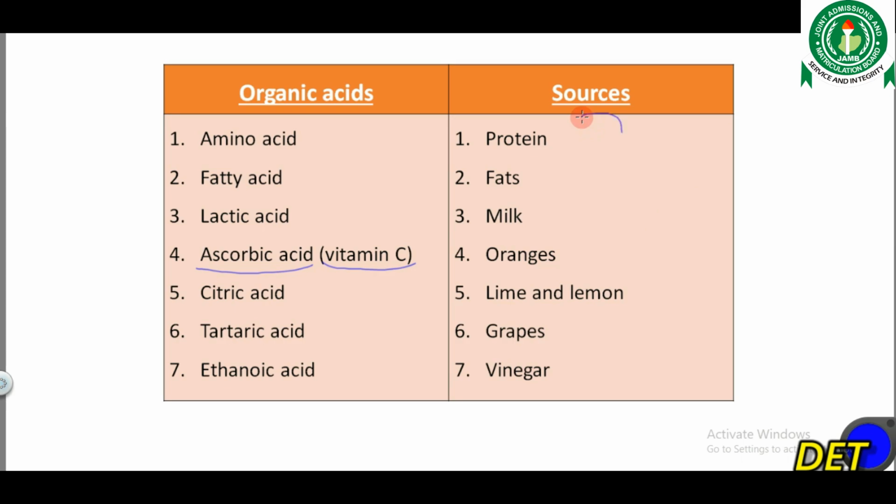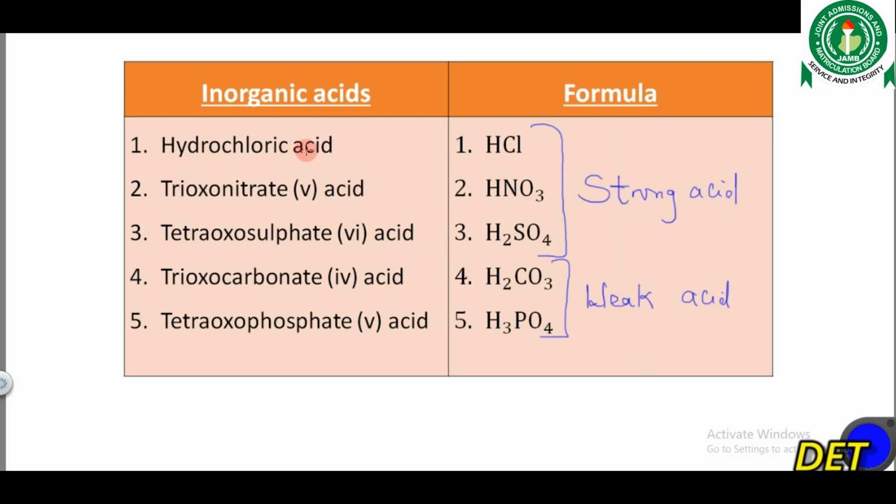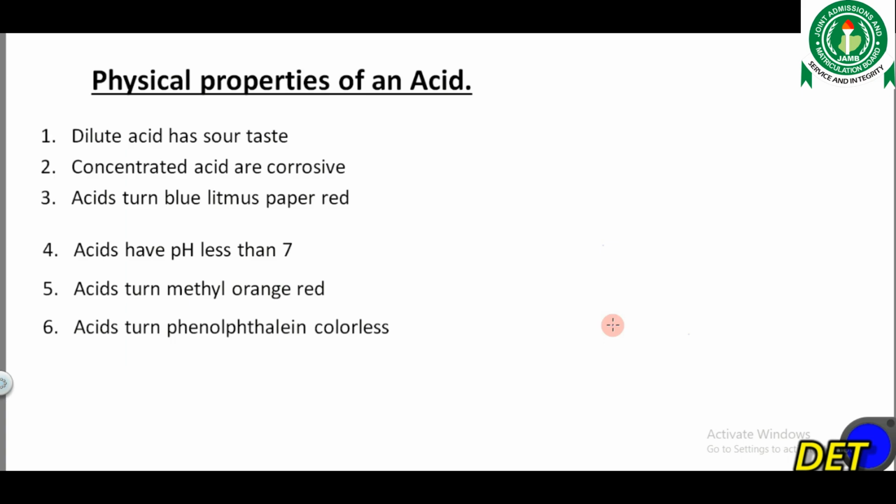So all these acids are examples of what? Of weak acids, right? And why are they weak acids? Because when they ionize in water, they ionize incompletely, right? So basically, organic acids are weak acids. Some of the inorganic acids are strong acids, while some of them are weak acids, right?